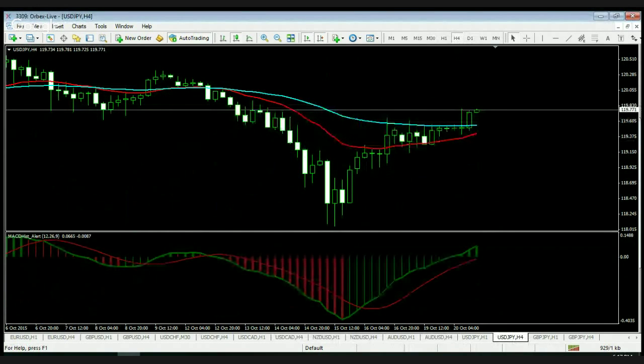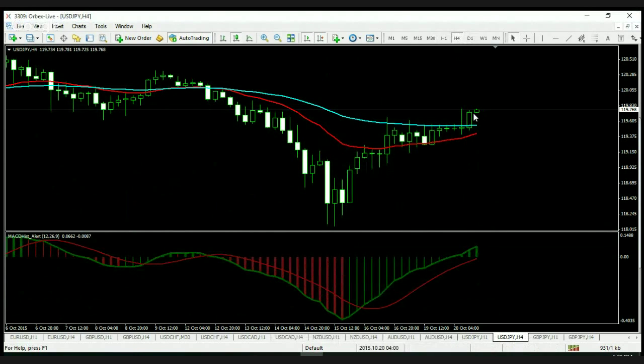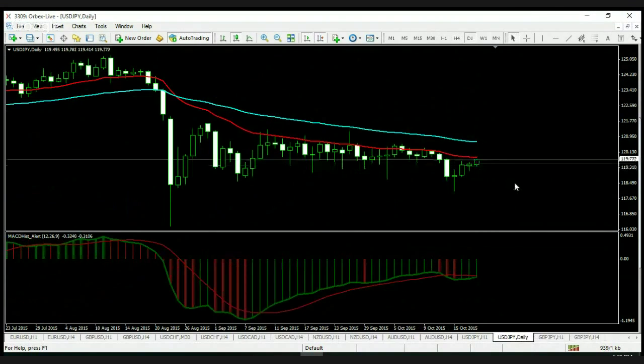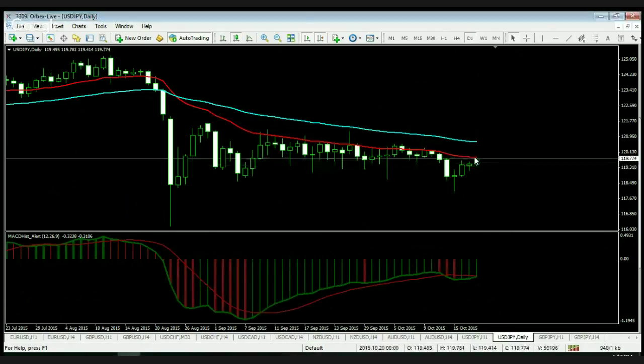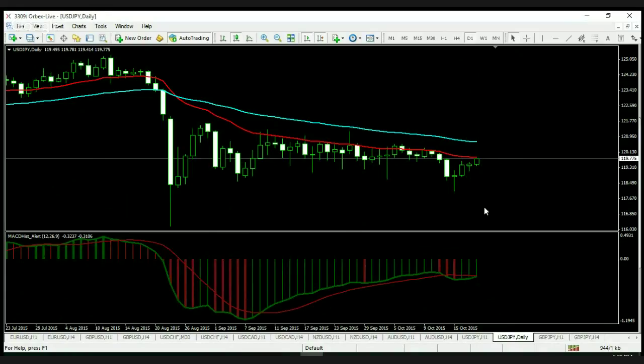Dollar yen, uptrend. I think price is now finding a resistance over here, and it will go down now. Yeah, let's see. Price is touching the red line, so most probably it will now find resistance and go down.